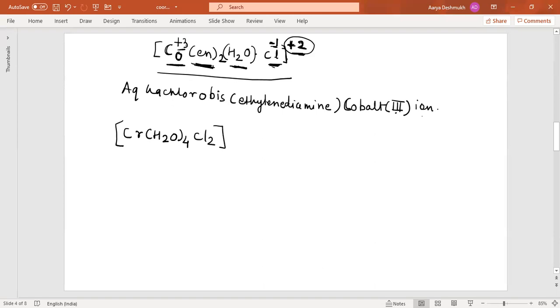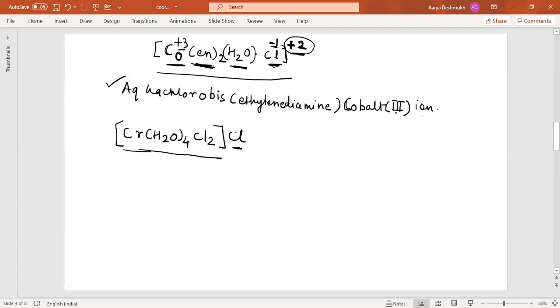This is inside the coordination sphere, with one chlorine atom outside the coordination sphere. We'll follow the same procedure as before. First go for whatever is inside the coordination sphere. Now remember, don't write this chlorine in the beginning; it should be written at the end.